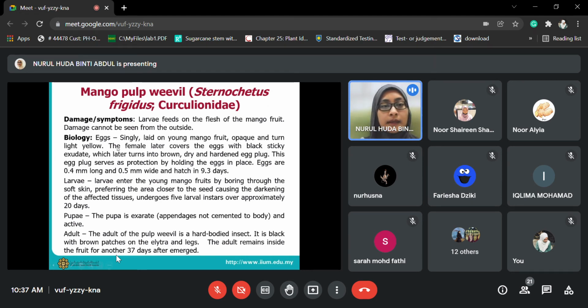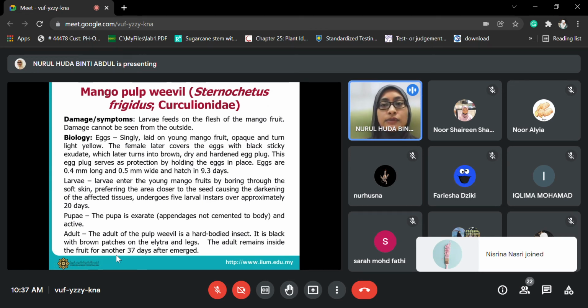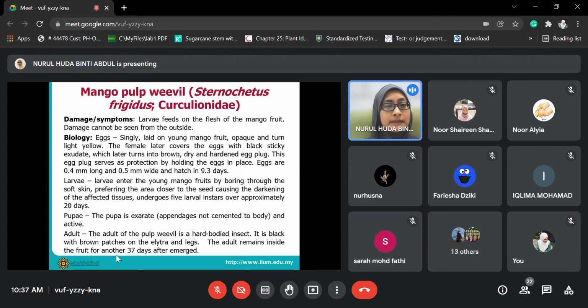The colour is first opaque and then turns light yellow. And this female, after she scratches and puts the eggs, also puts some sort of protection, like a black sticky exudate to cover the eggs.